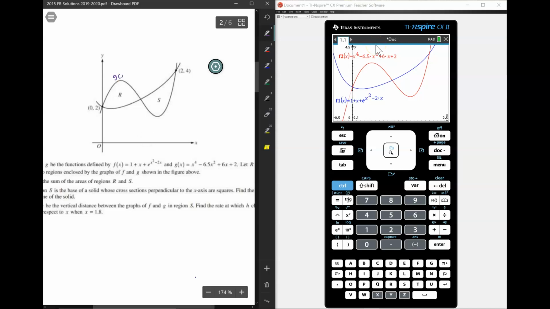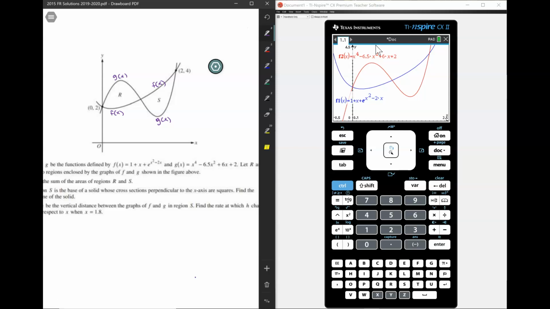So this is g of x, and then this is f of x. Go ahead and write that. How did you figure that out? Well, from the graph here. Okay, go ahead and write that because later on, you don't want to spend time on that.